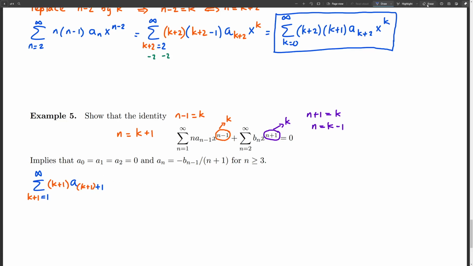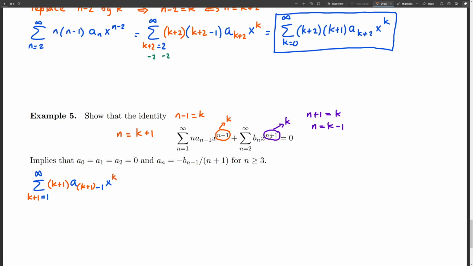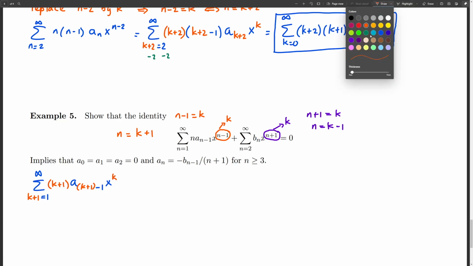Sorry, that's minus 1. And then you'll end up with a sub k here. And then the way we replace that, we get x to the power k.